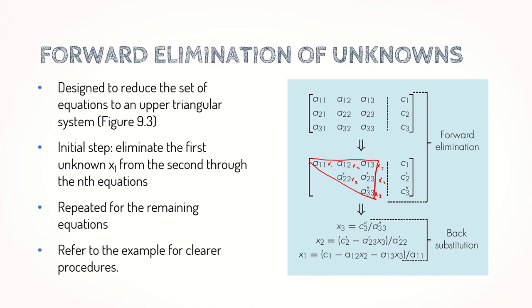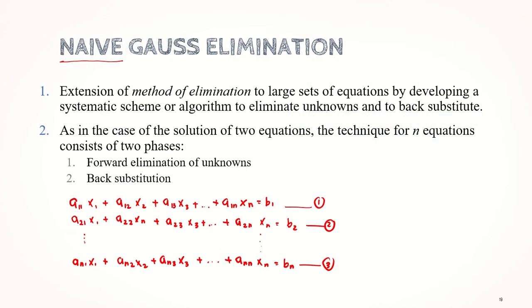The initial step is to eliminate the first unknown x1 from the 2nd through the nth equation. Previously, if you refer to this general set of equations, the first thing that we need to do is to eliminate the first unknown x1 from the 2nd to the nth equation, which in this case is 3.